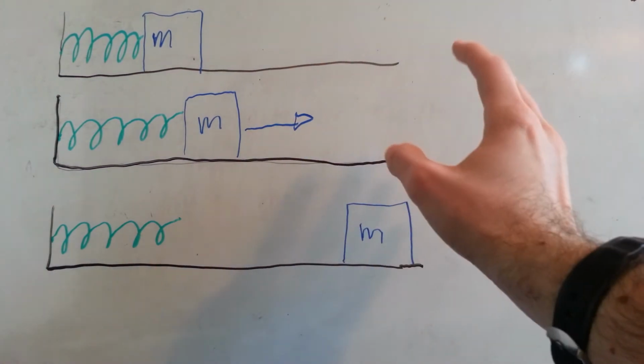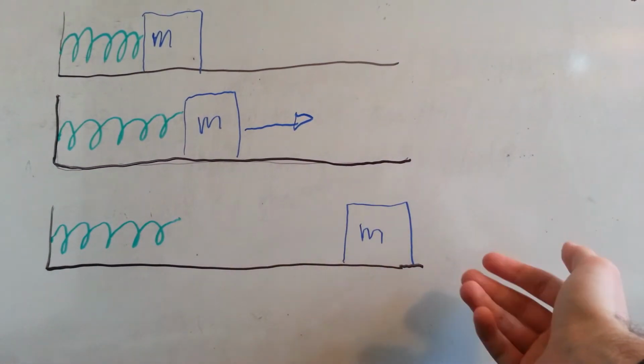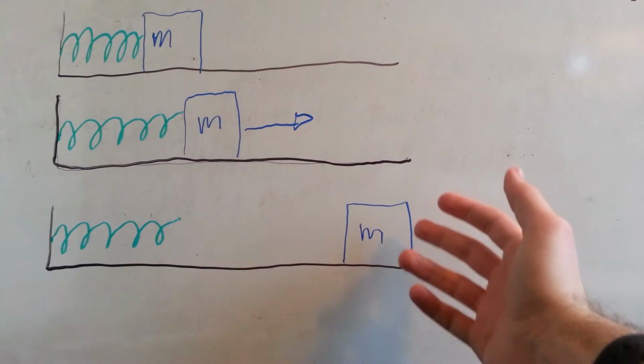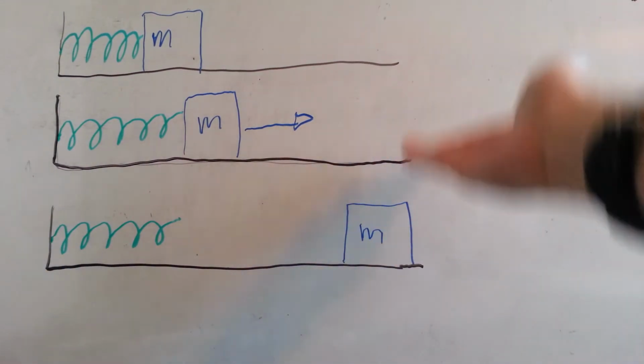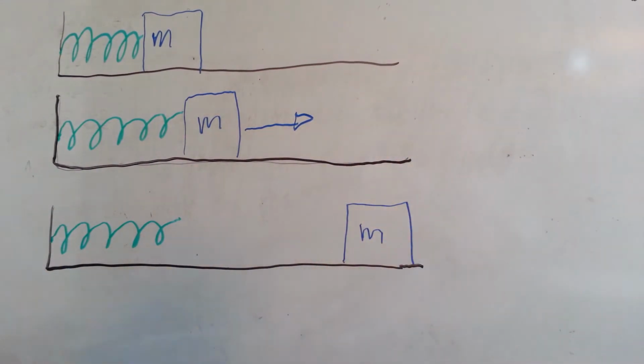The block is not moving, so the block has no potential energy because it's not raised up in the air, it's just sitting on the table. And it has no kinetic energy because the problem says it's at rest. So that will allow us to make our equation correctly.